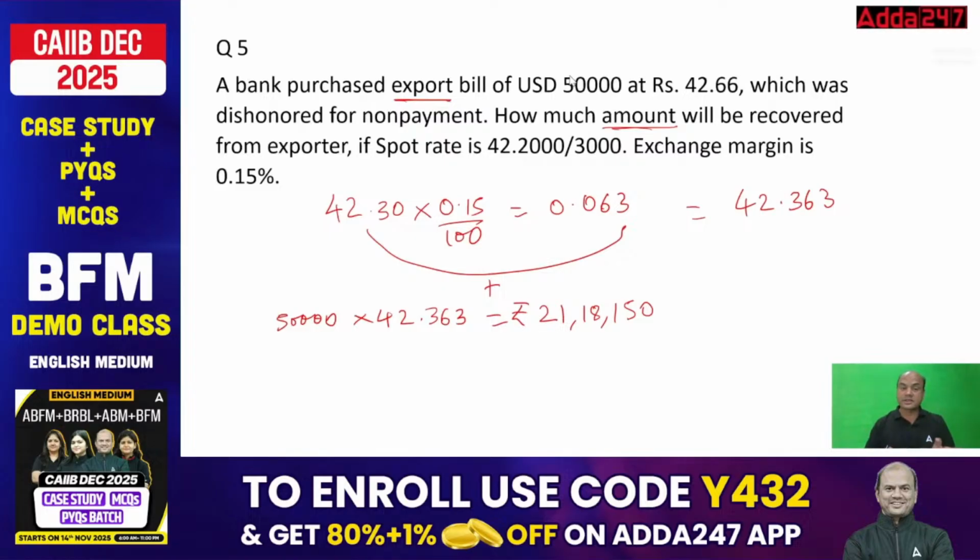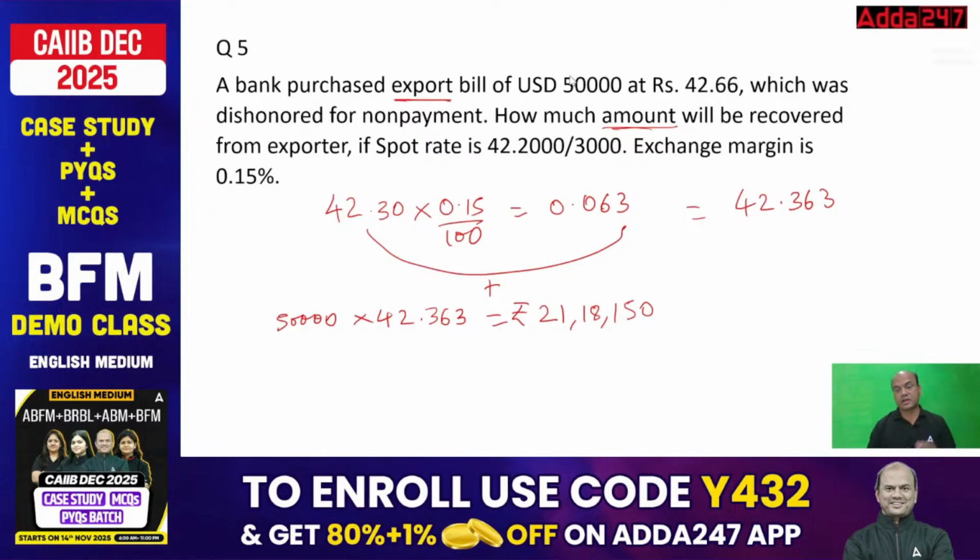Now this transaction is not of export. Now this transaction is not payment of export because it's a non-payment. Reverse. How much amount will be recovered from the exporter? So any bill which is reversed or non-payment, it means that export becomes import, import becomes export. Simple.